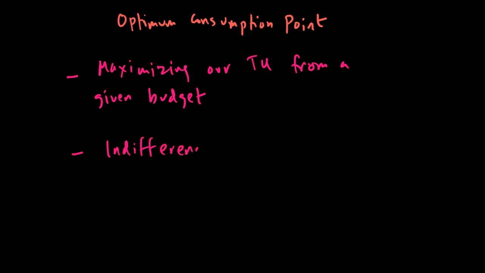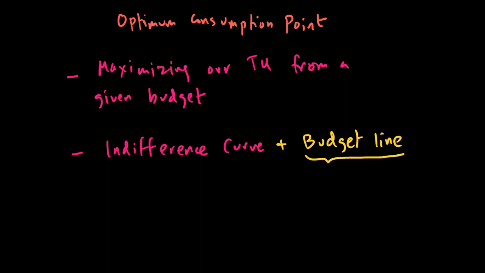So that's one element that I'm going to bring here: indifference curve and our budget line. So budget line tells us all the various combinations that we could afford, but indifference curve tells us all the combinations that I am indifferent about.